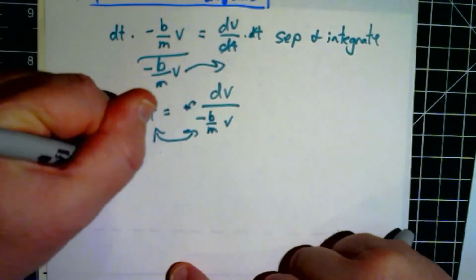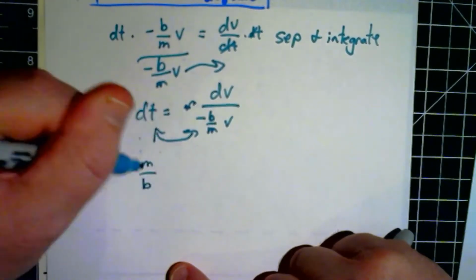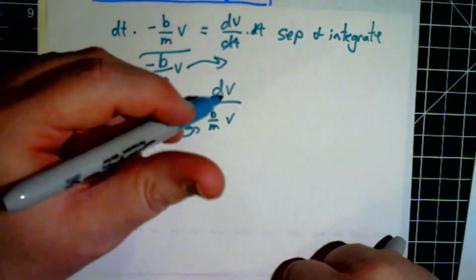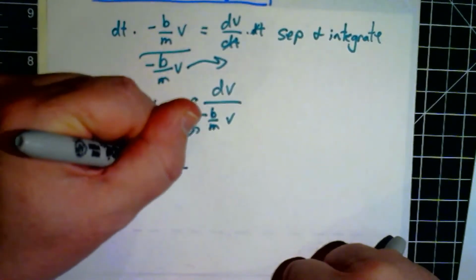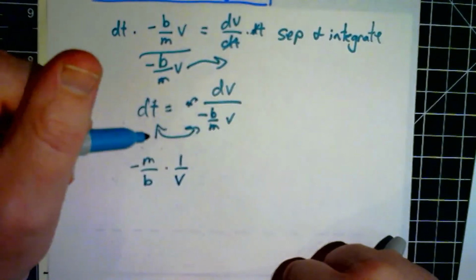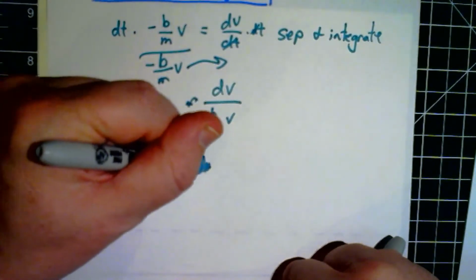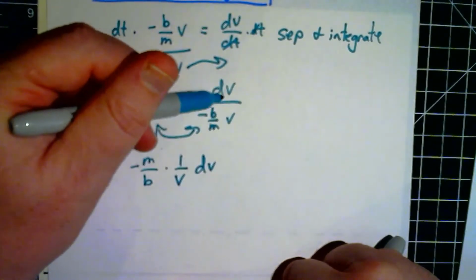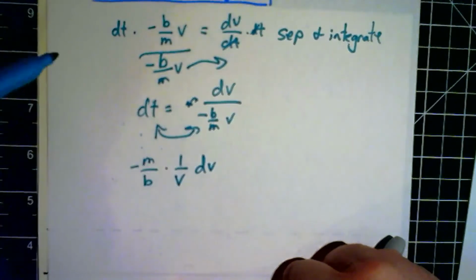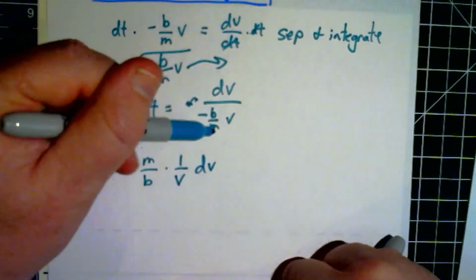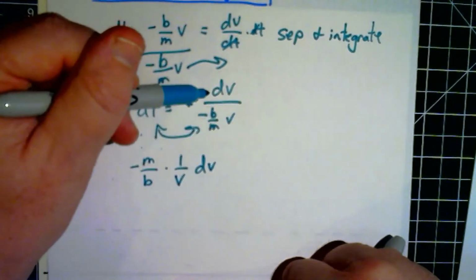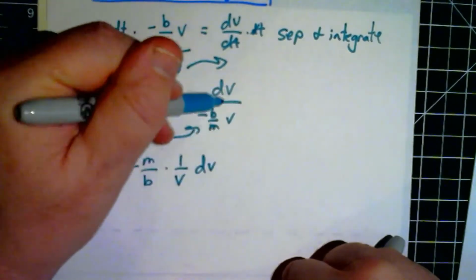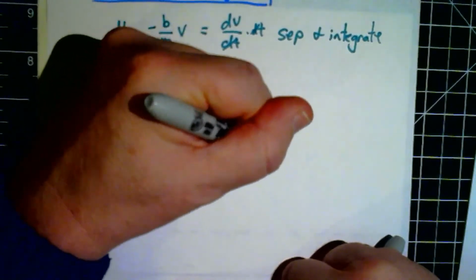So we'll have minus m over b times 1 over v dv. Because dv is on top, you're multiplying by dv. The v is on the bottom, so it's 1 over v. And the fraction that was on the bottom actually belongs on top, but you have to flip it. I just rearranged the right-hand side, and I'm going to set that equal to dt.